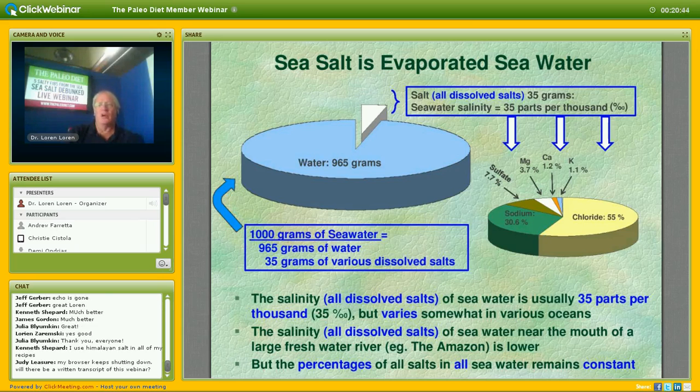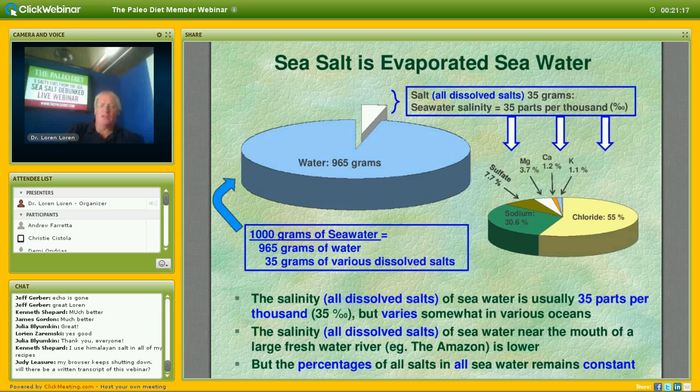You'll notice that the predominant salt in seawater is chloride, and the next is sodium. So sodium chloride, NaCl, is what we refer to as salt. The majority of the dissolved salts is sodium chloride. The next most concentrated is sulfate, followed by magnesium, calcium, potassium, and there are other salts that we'll look at on the very next slide.